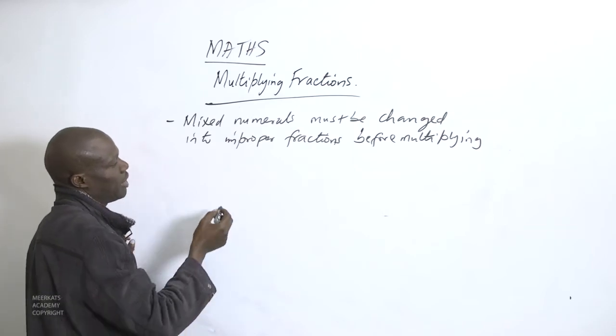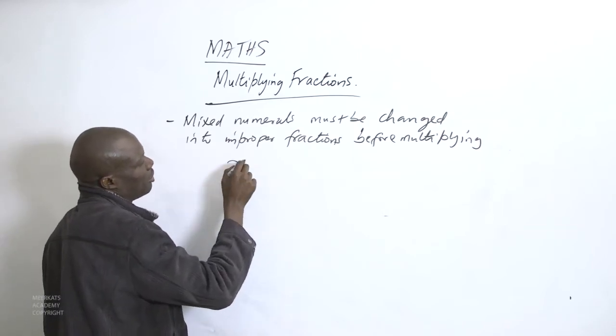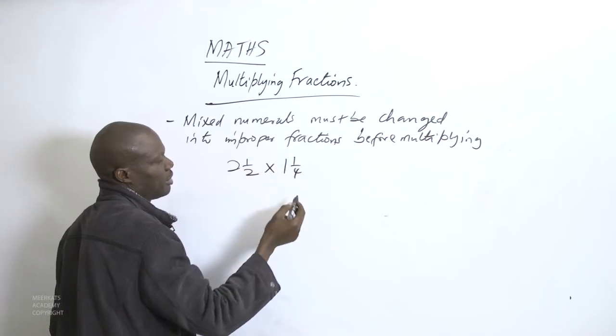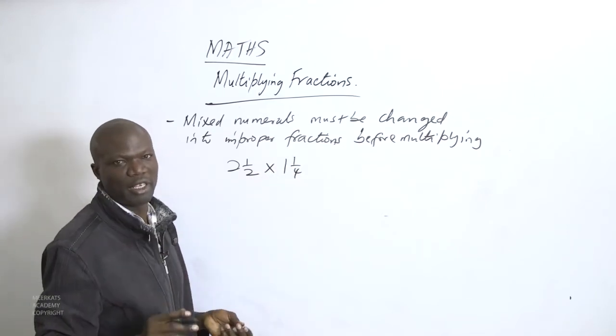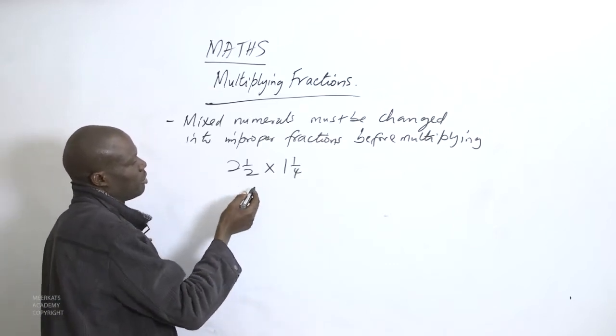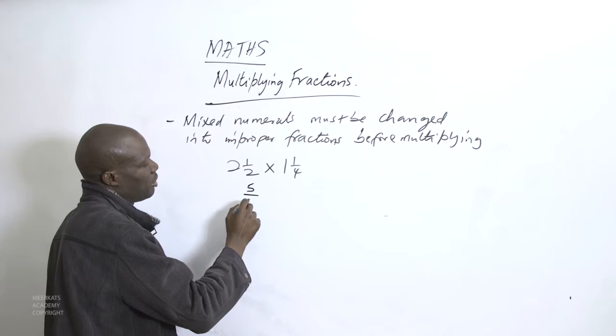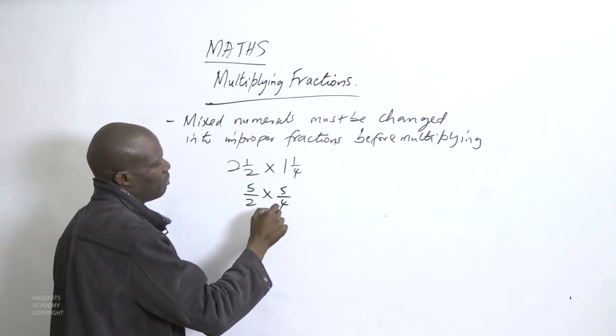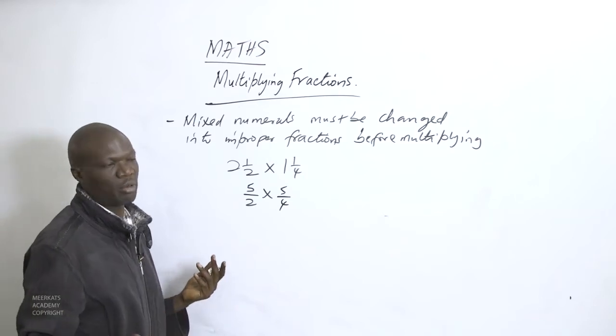What they are trying to say there is that a number like 2 and a half multiplied by 1 and a quarter, we cannot multiply straight away. We must change all of them into improper fractions. That is 2 times 2 plus 1, 5 over 2, multiplied by 5 over 4. So you can multiply.